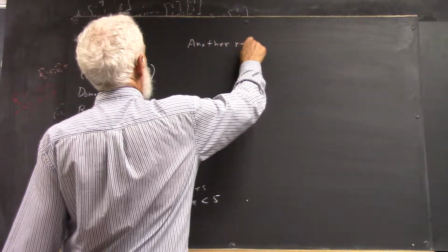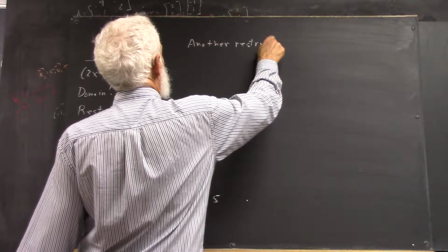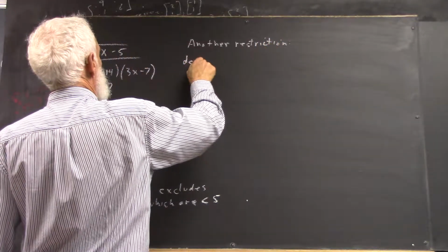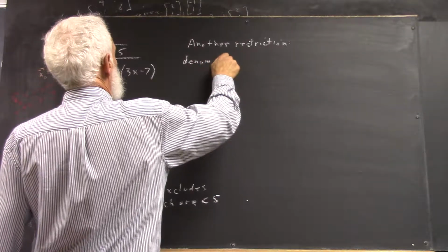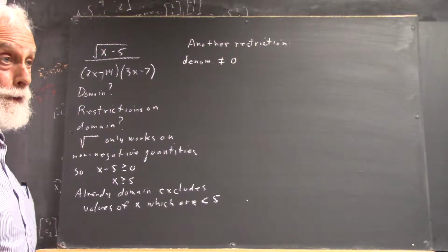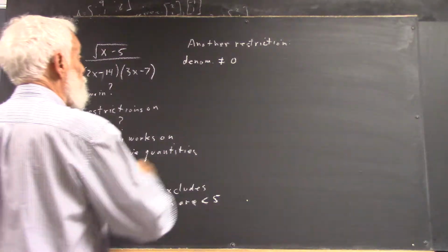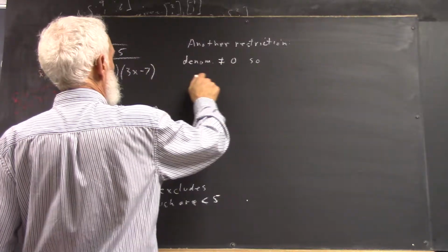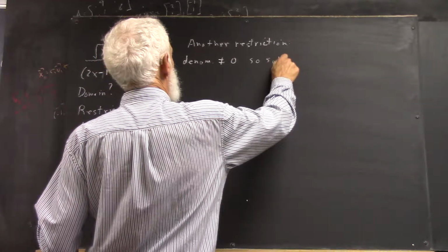Another restriction. The denominator can't be 0 because you can't have division by 0. Okay? So what do we do?